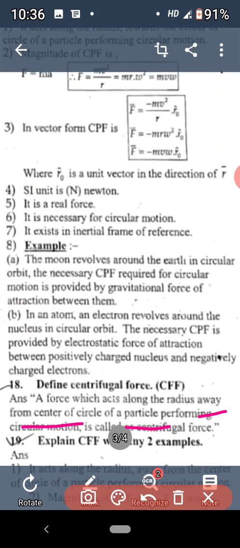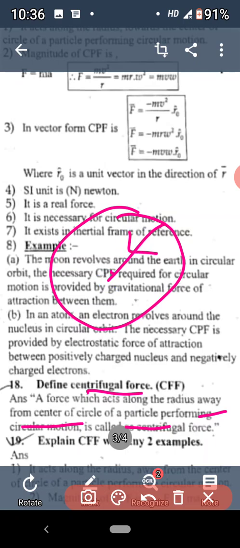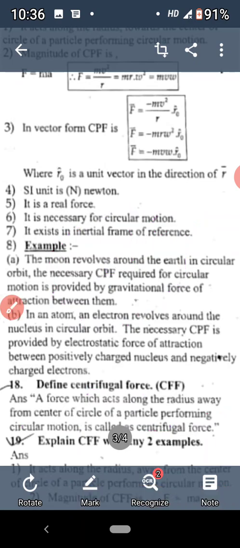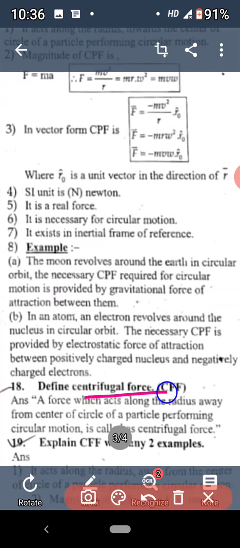Centripetal force is towards the center, centrifugal force is away from the center. Suppose this is a circle, the centripetal force is towards the center and the centrifugal force is away from the center. So these are the two different forces, centripetal and centrifugal. What is centrifugal force? Once again, the force which acts away from the center of the circle.